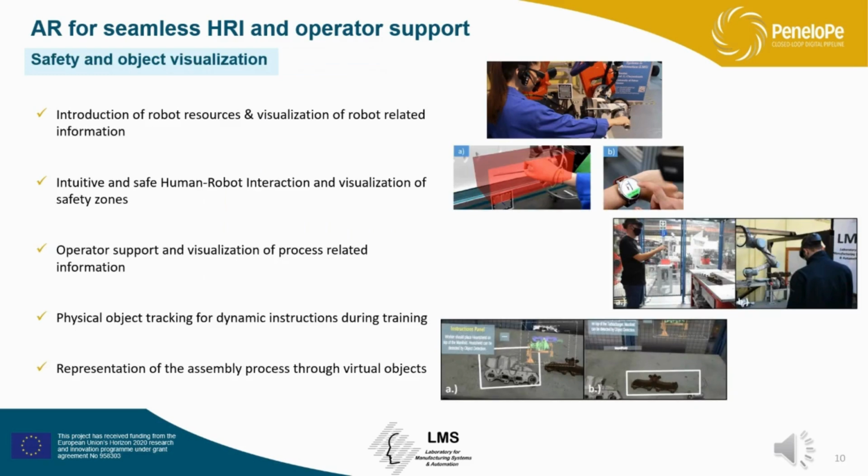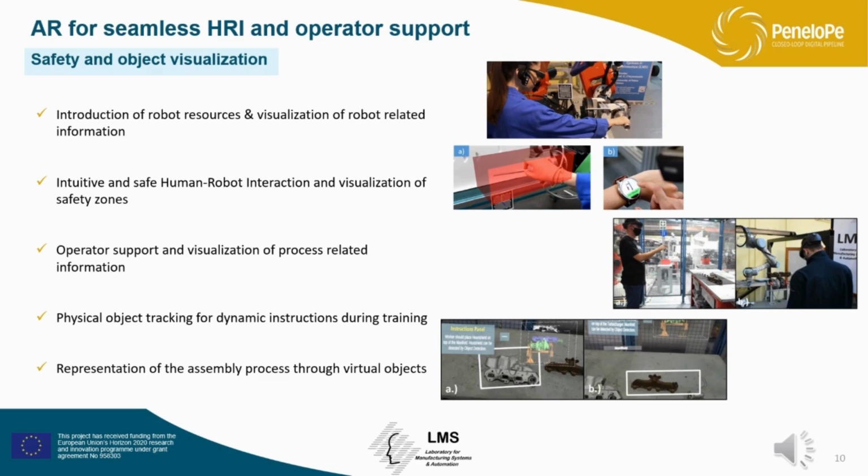Here you can see some other examples of integrating augmented reality tools for human-robot interaction and operator support. As you can see in the top figures, AR-based tools have been used for the introduction of robot resources and the visualization of robot-related information such as robot trajectory or working areas. We can achieve an intuitive and safe human-robot interaction by visualizing safety zones to the operators.